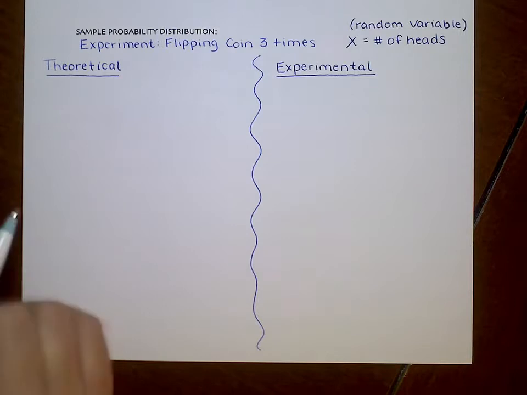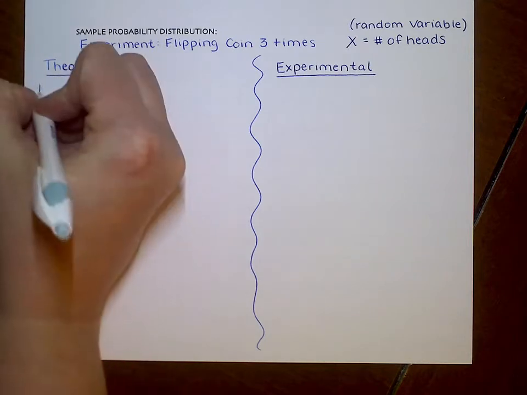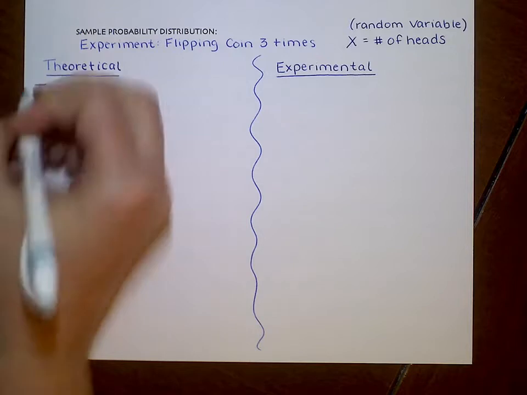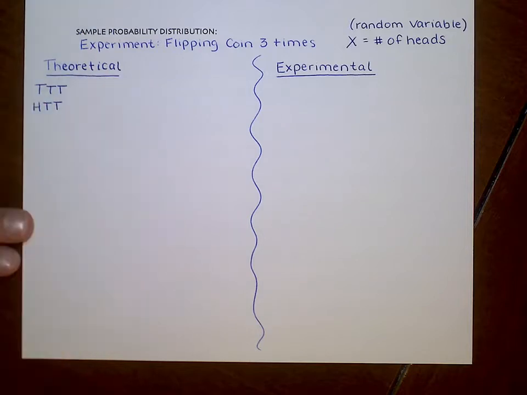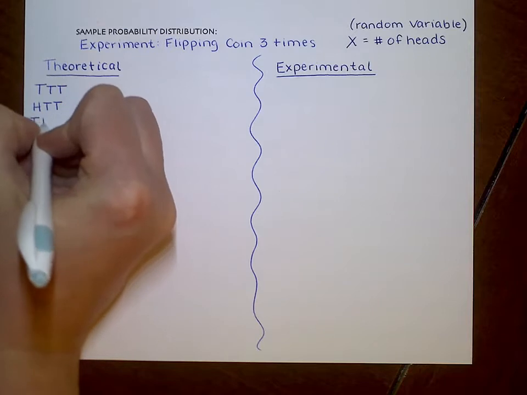So theoretically, let's look at what our sample space could be. What could happen if I flip a coin 3 times? Well, we could get all tails, or we could get one head and then a tail and a tail. Or I could get tail, heads, tails.